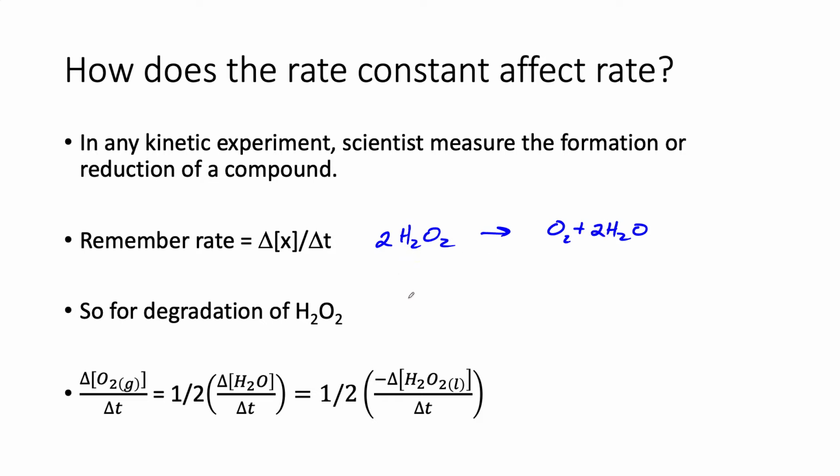And so the rate of oxygen being produced is 1/2 the rate of water being produced, because we got twice as much water. The water is formed faster, and the rate of oxygen is slower, so it's 1/2 the speed of water being formed, and 1/2 the rate of hydrogen peroxide being consumed.